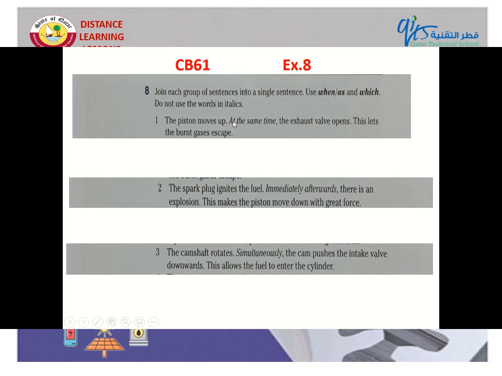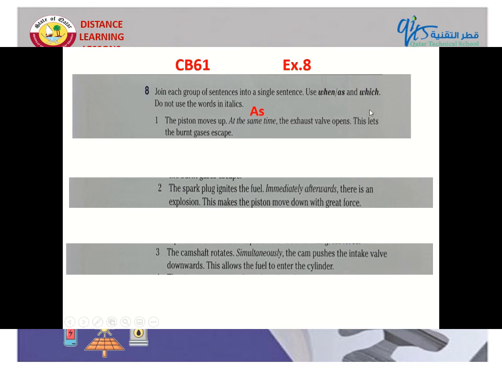But to do that, we have to find another word that can replace it. Now, which word do we use when actions happen at the same time? Is it when or as? We use as. Very good. So now, remember the structure. We start with the word itself. Then we write the actions, we separate them by a comma, and then we will add the information.